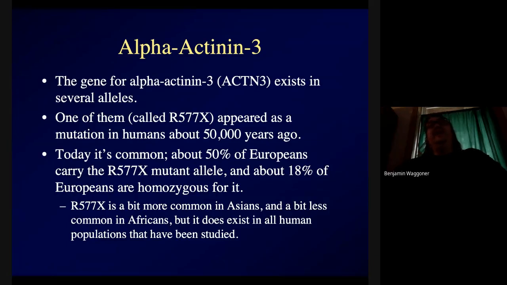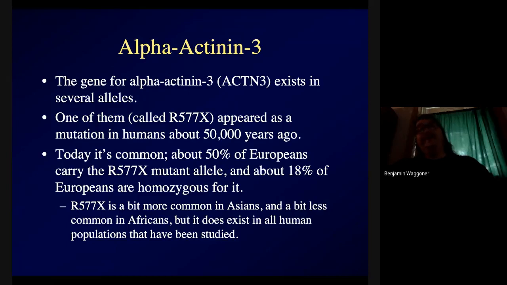The mutant allele is a bit more common in Asian populations and a bit less common in Africans, but it's certainly present in all human populations that have been studied so far. People of any race can have either normal alpha-actinin or mutant alpha-actinin. The mutation is called R577X.